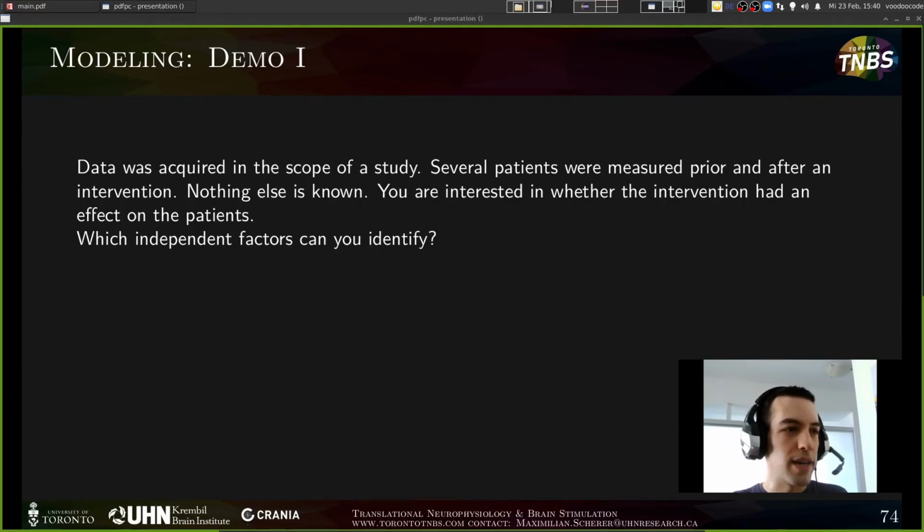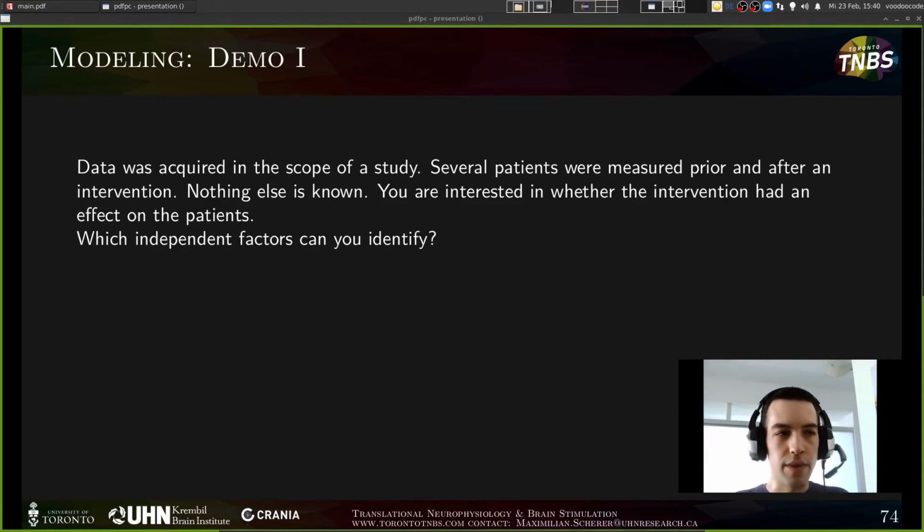So I prepared a couple of examples and I'm just going to read them out, and then I'm going to give you some time to think about what factors are in there, and then we are going to model together how to ideally describe the questions we're interested in. In the first demo, there was some data acquired for a study. We measured a couple of patients prior and after an intervention.